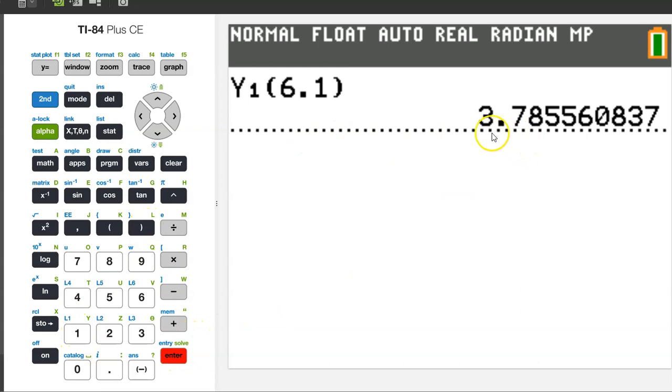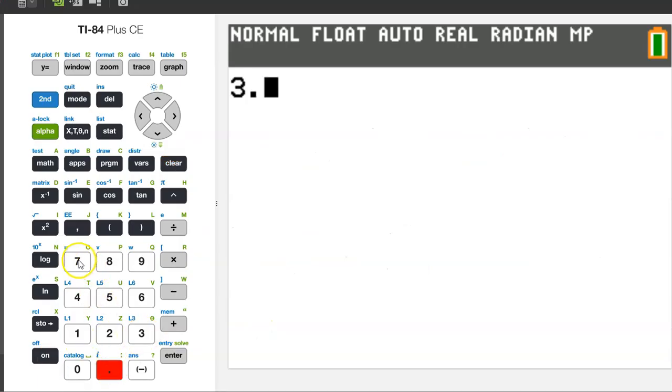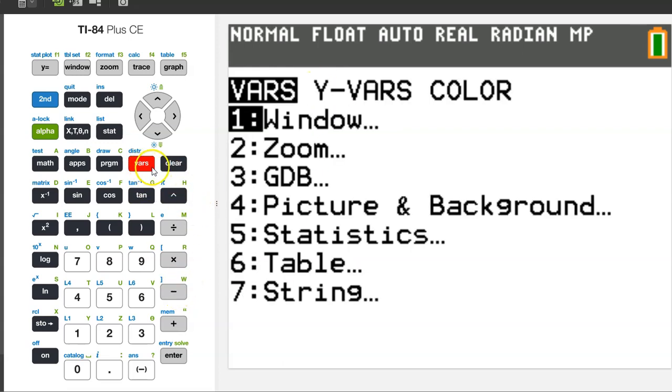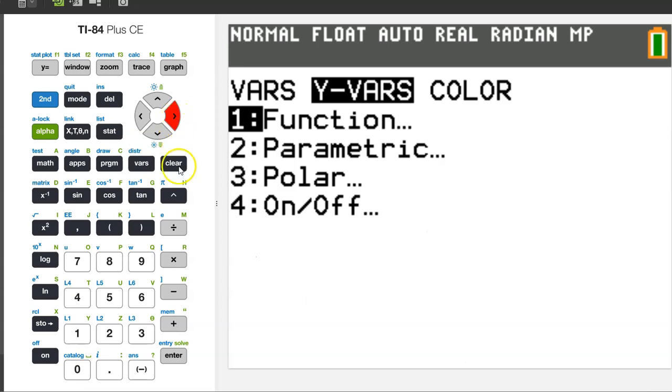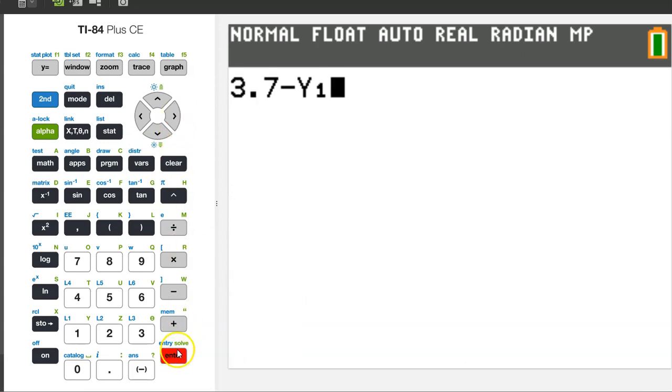So this is the predicted value. Since we opted to have the calculator store the regression model as y1, we can find the predicted value by doing y1 at 6.1. And we can just type this into the calculator. 3.7 minus, to get y1, hit the vars button, arrow over to the yvars menu, hit enter for function, and enter again for y1.